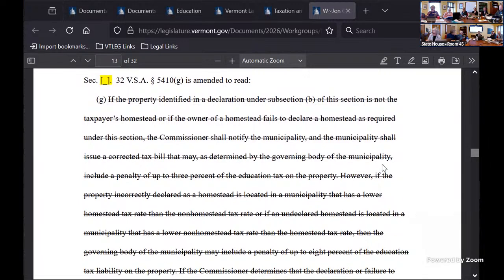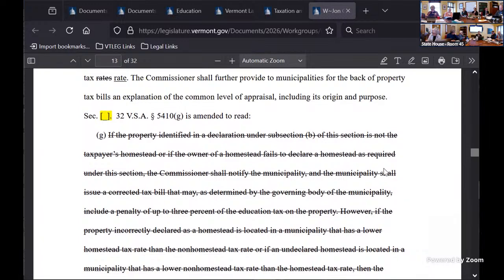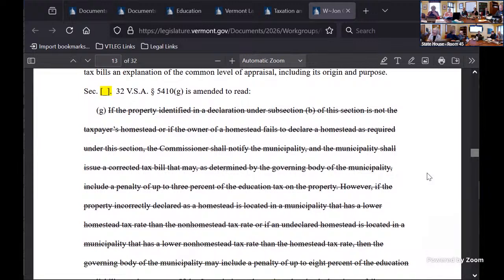I did want to call out this amendment to section 5410G. This is language that currently imposes penalties. Basically, if folks are attempting to game the system by not designating their property as non-homestead. For instance, if your non-homestead rate was lower than your homestead rate, you would be incentivized to not make that declaration, even though you're required to do so.